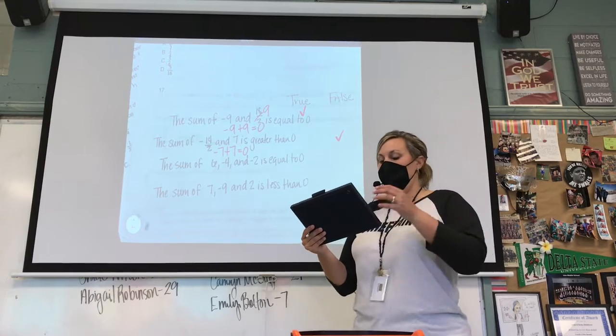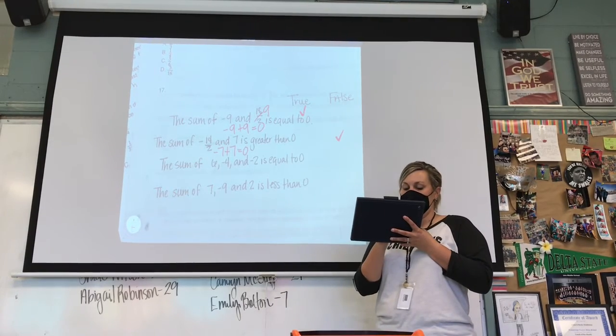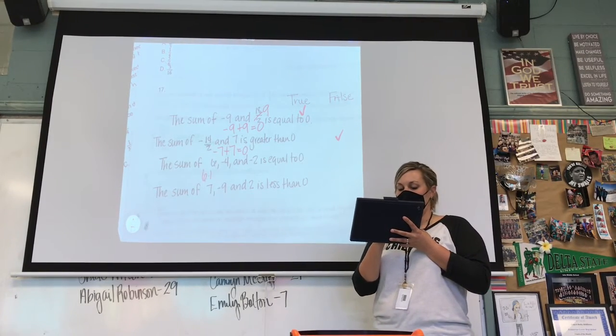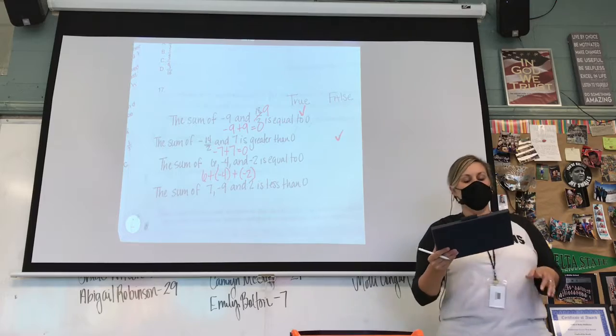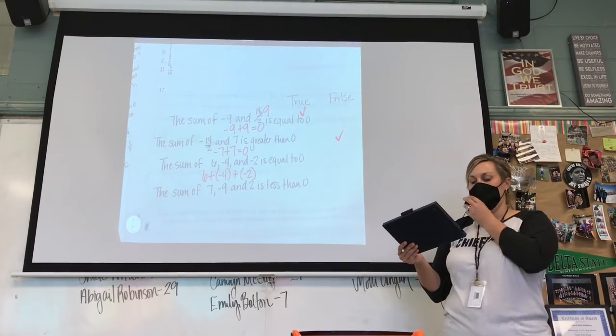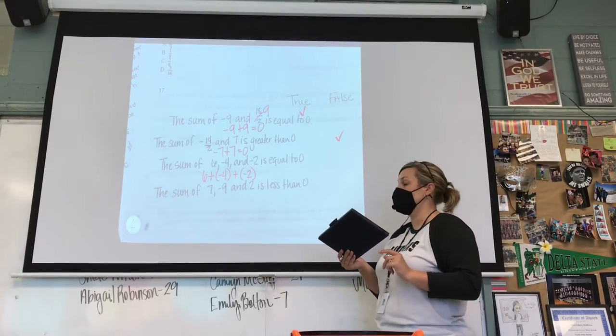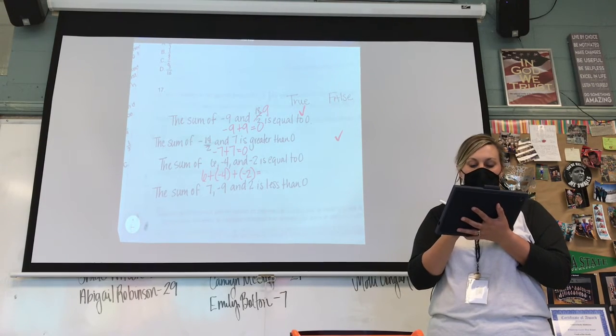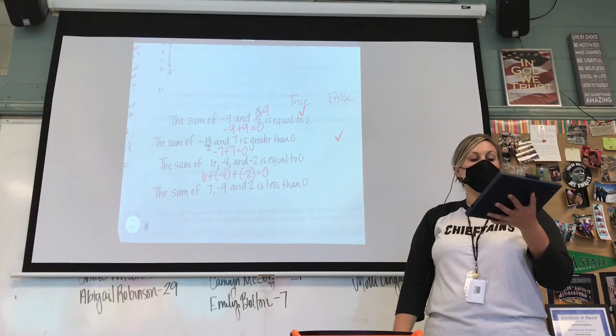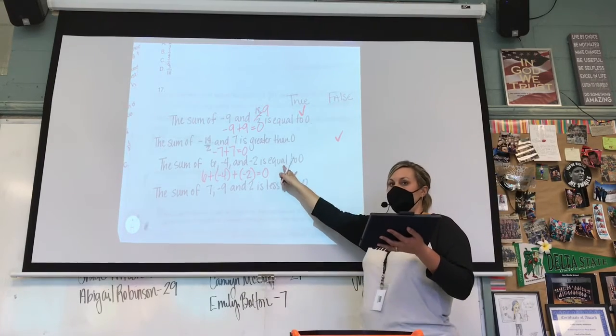All right, on the next one, it says sum means add. So 6 plus negative 4 plus negative 2. That's going to give you 0. Now, the question says, is that equal to 0? Yes.